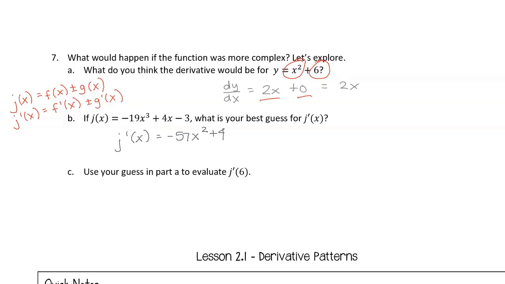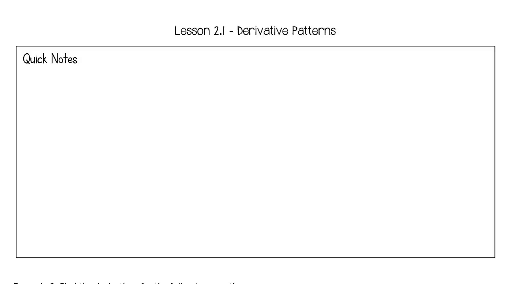Then the last question says to evaluate the derivative of j at 6. Well, that just becomes plugging in the value of 6 into that derivative function. Negative 57 times 6 squared plus 4. This equals negative 2,048.